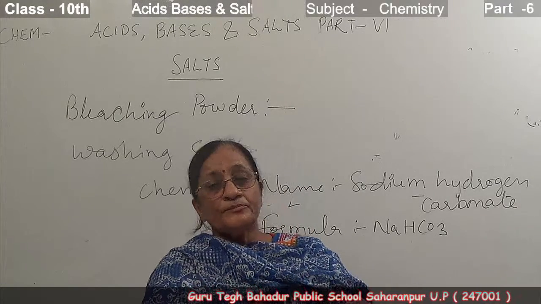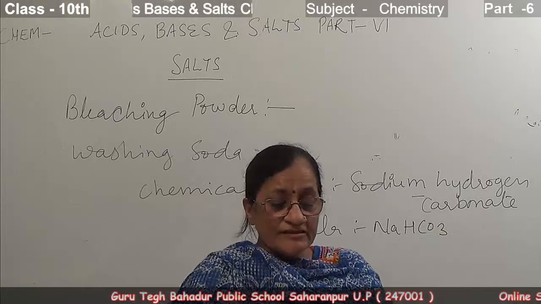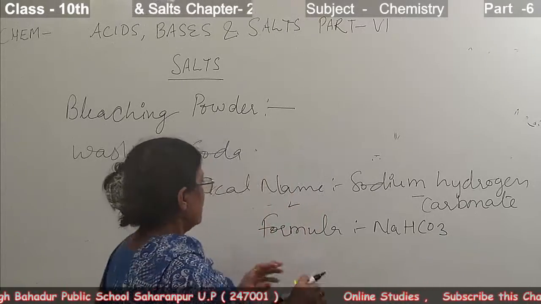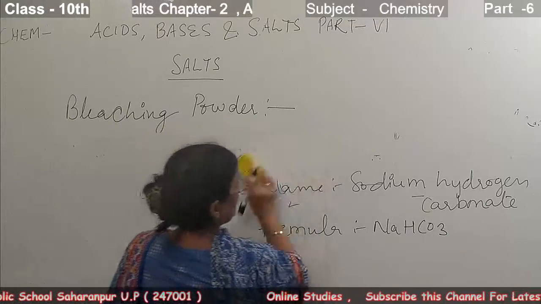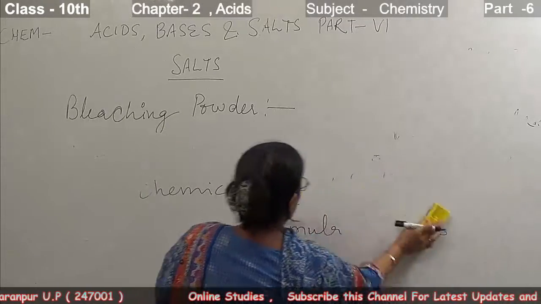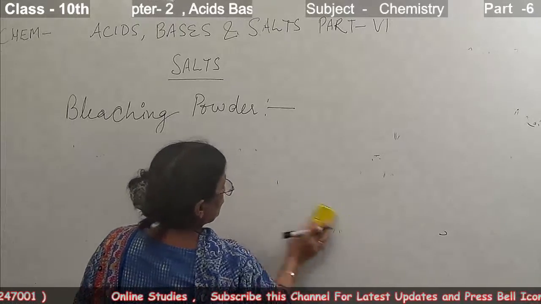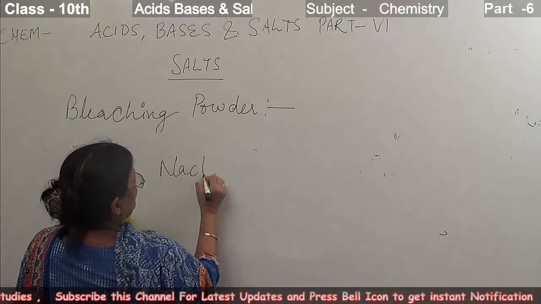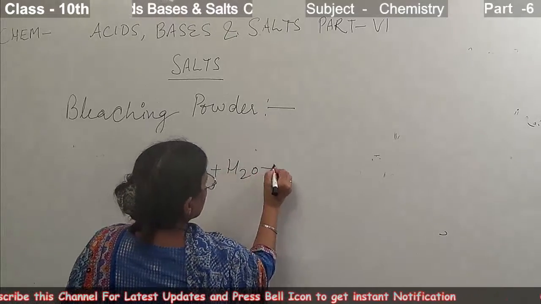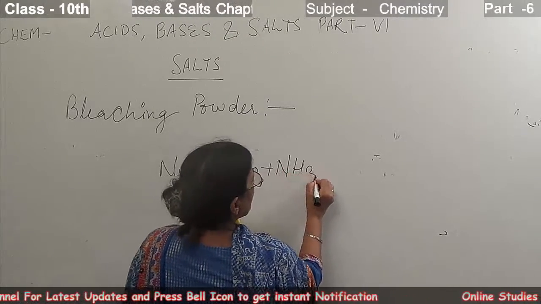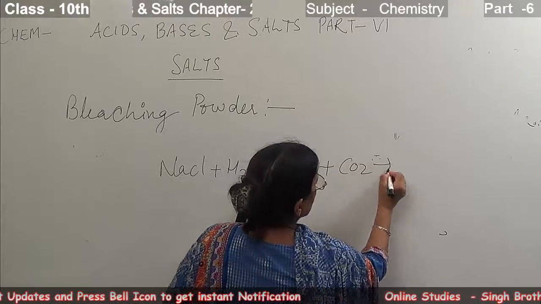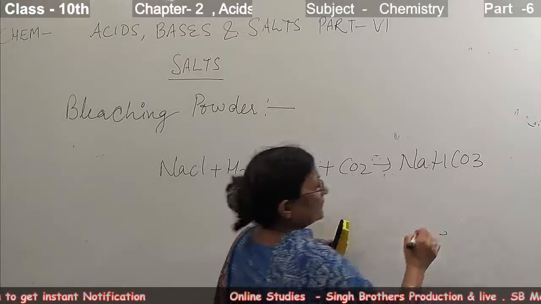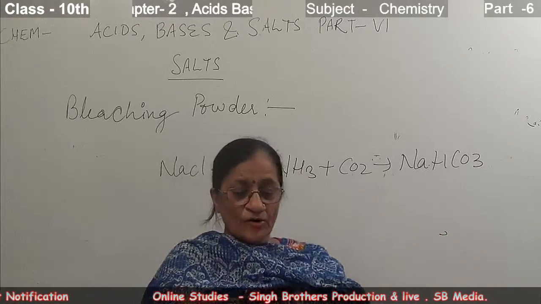Its preparation method is that when cold concentrated sodium chloride, which is called brine, is reacted in presence of ammonia and CO2, NaHCO3 is formed.